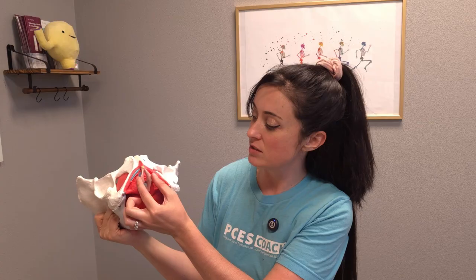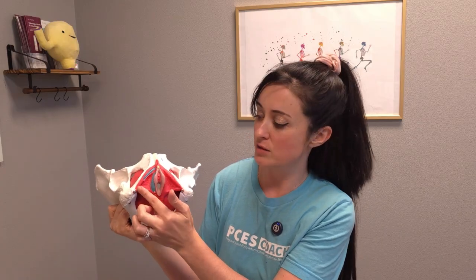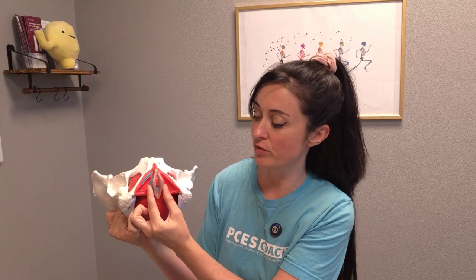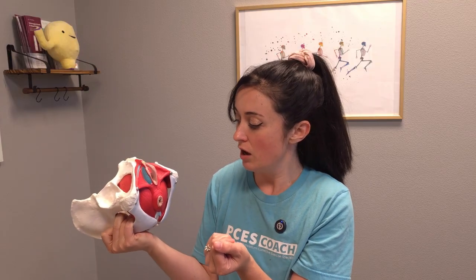So vaginismus is when the muscles on the outside, this more external part of your pelvic floor, tighten up anytime you try to insert something. So oftentimes the symptoms might be pain with inserting a tampon, or pain with intercourse, or pain with a speculum at the doctor's visit.